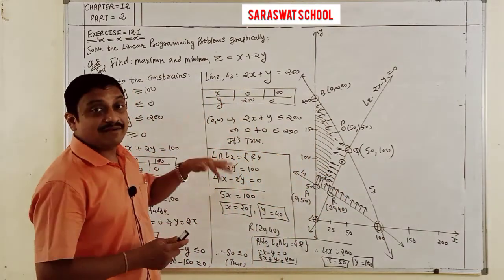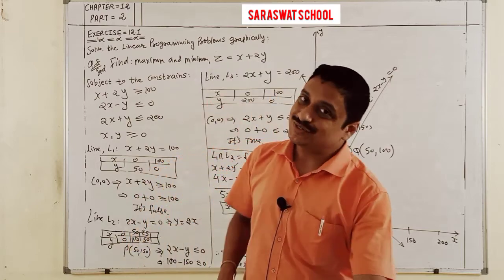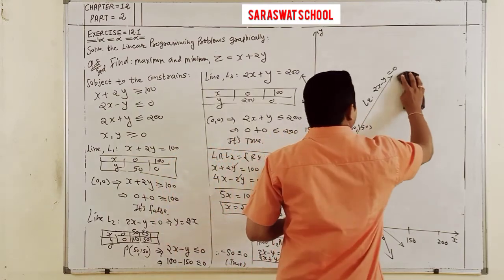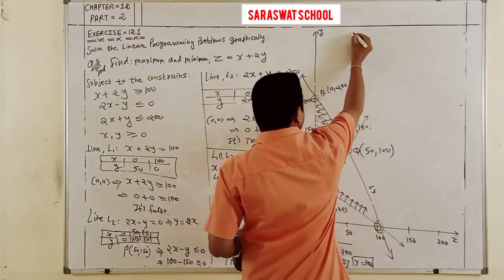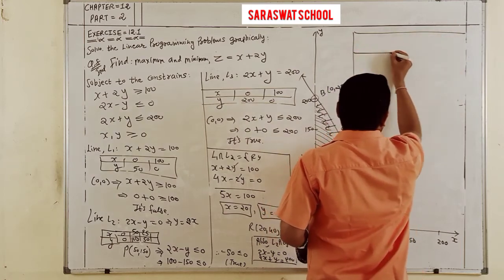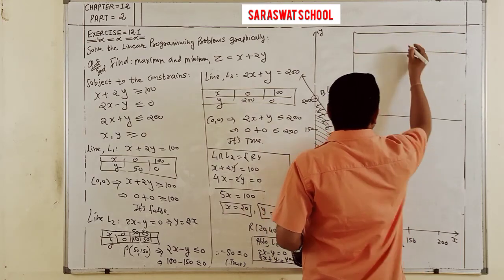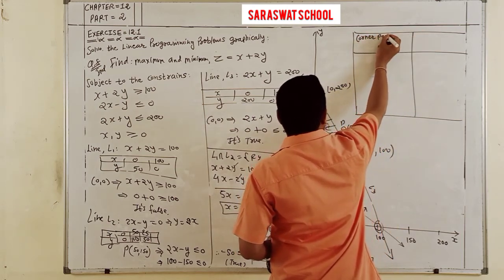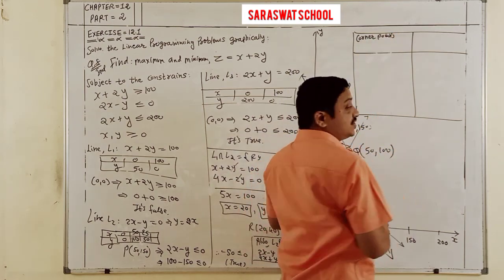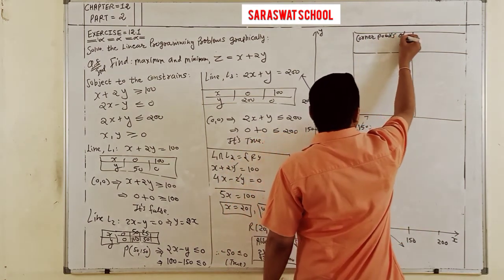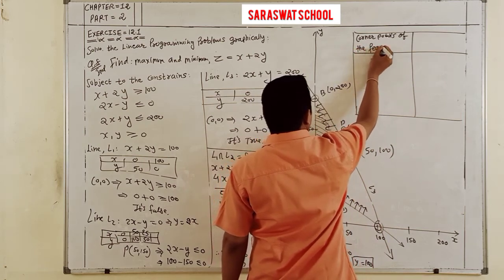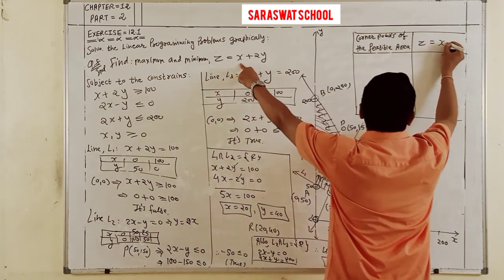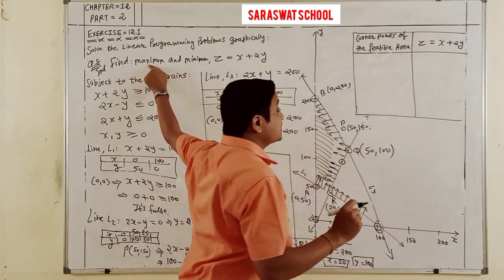And now, students, I will define my final table solution. So now in the table, we decide the minimum and maximum values. The corner points of the feasible region, and Z is x plus 2y, and the answer is obtained at maximum and minimum.